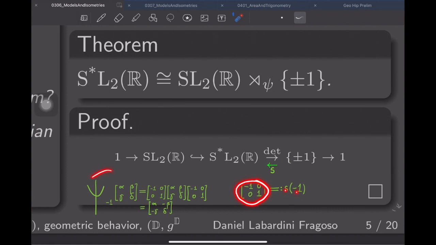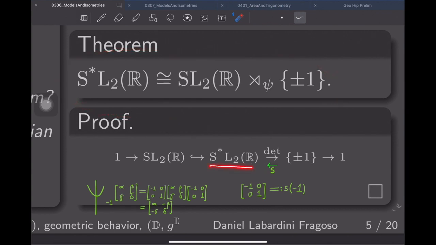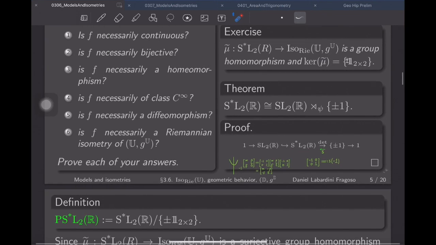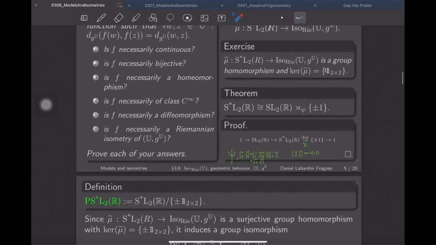So that's the relation between the splitting of a short exact sequence and the semi-direct product structure of the group in the middle. Right, so this presents SL2R star in terms just of SL2R.